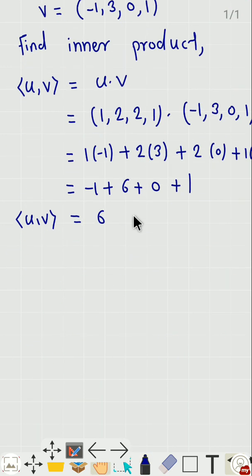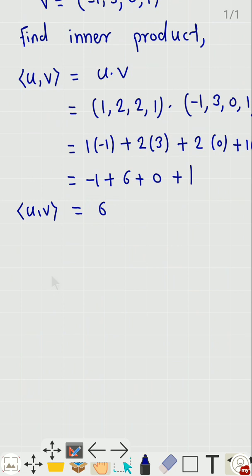But two vectors are orthogonal if and only if their dot product is 0. Here the inner product is not equal to 0.